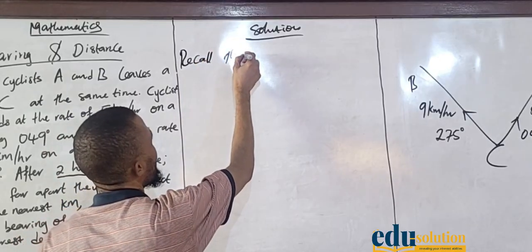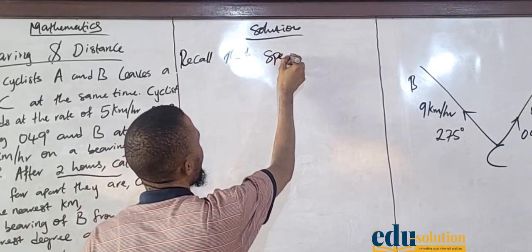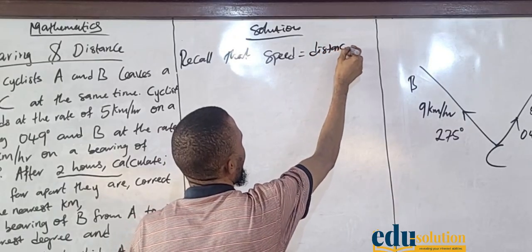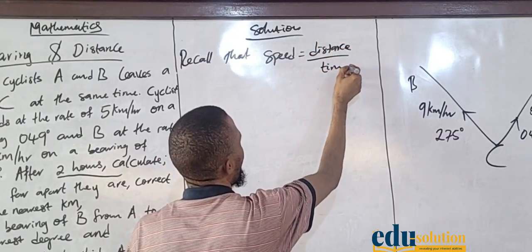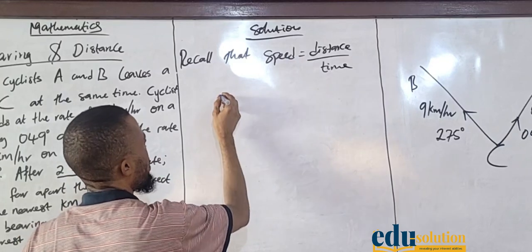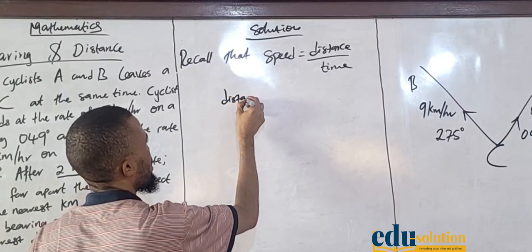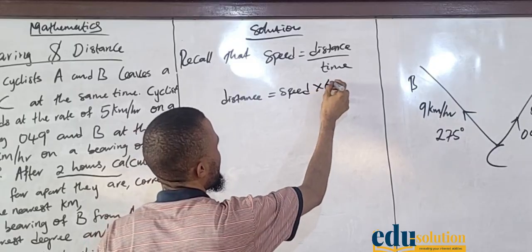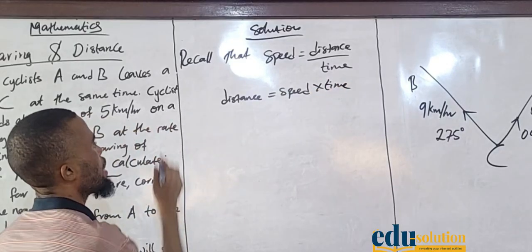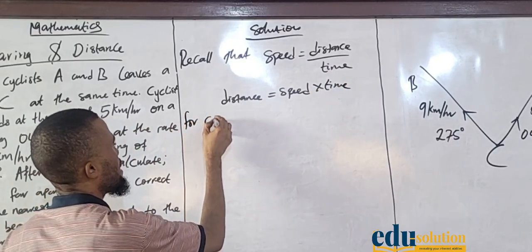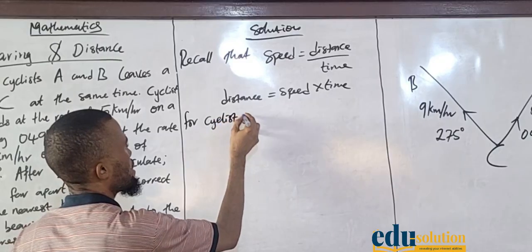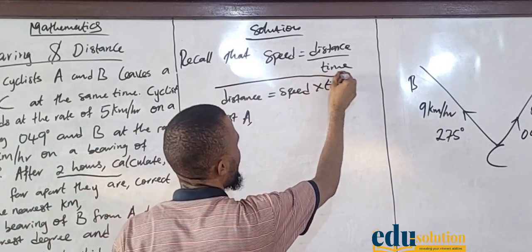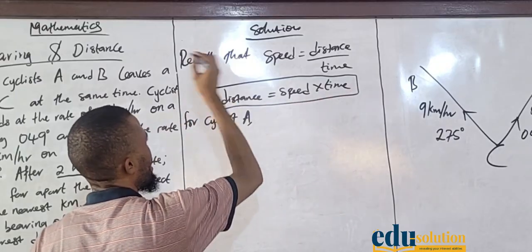Recall that speed is equal to distance over time. Okay. So I will make distance the subject of the formula. I'll have distance is equal to speed times time. Okay, are we following? Now I will write for cyclist A. That means I'm applying this formula for both of them so that we can get our distance.